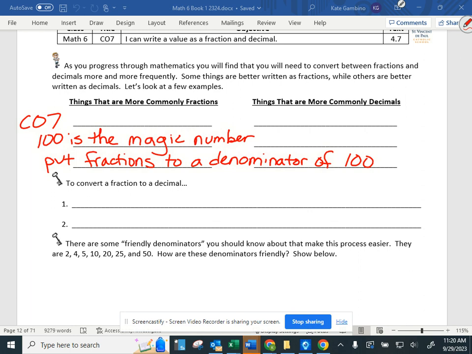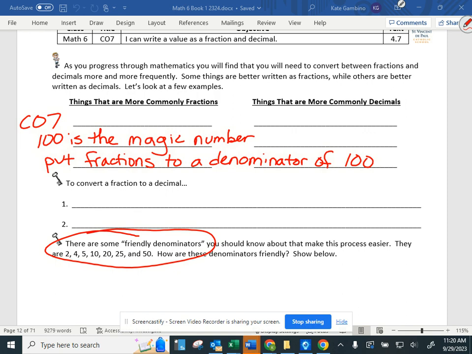So if we have to multiply by 5 to get to 100, your numerator, you multiply by 5 to get to the 100. You can write the friendly denominators that is in your binder.